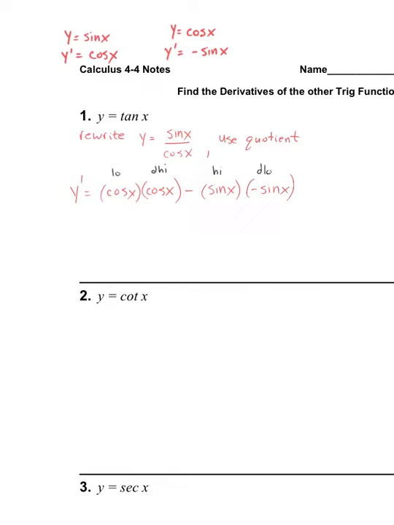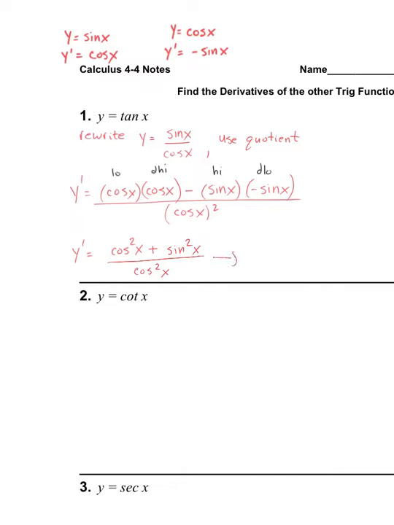All right, and of course the denominator is low, the denominator, and you square it. Okay, now let's simplify each term in the numerator. We get cosine squared to the left of the minus sign. On the right we have a negative and a negative, so this becomes positive sine squared of x, all over the cosine squared of x.